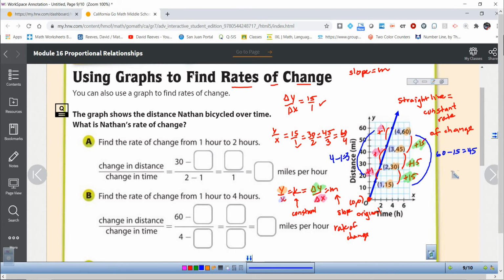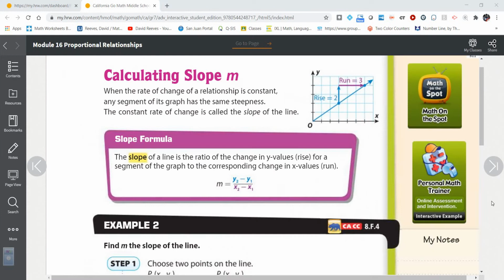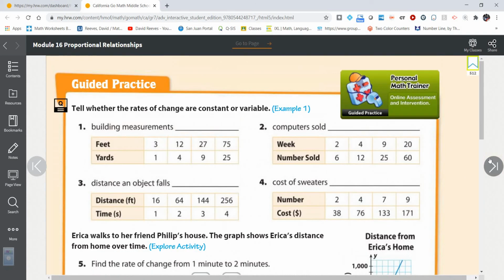I get 3. So 45 over 3 is 15. So the great thing about finding slope, finding that rate of change, is you don't have to pick 2 points in a row. You can pick any 2 points on the line. I did back-to-back points, and then I did the first and the last. I could do the first and the third. I could do the second and the fourth. Any 2 points on that line, that rate of change will be the same.